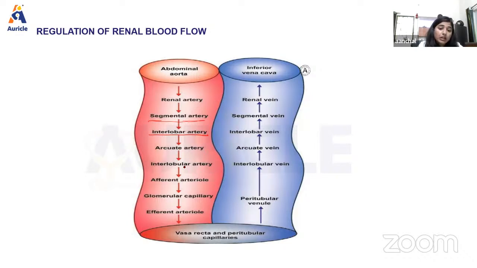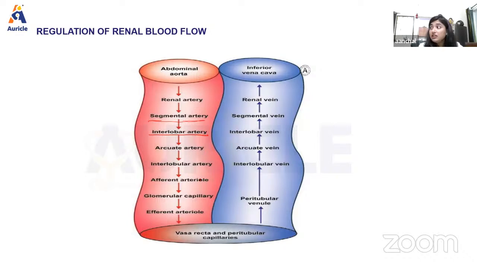So always remember, interlobular and interlobar are both different. Okay. So from arcuate, there will be formation of interlobular artery, right? Now, these interlobular arteries run through the renal cortex and penetrate perpendicular to the arcuate artery, and from each interlobular artery numerous afferent arterioles are formed.